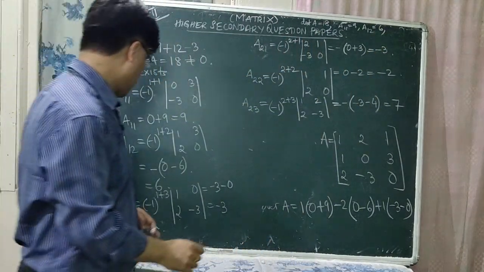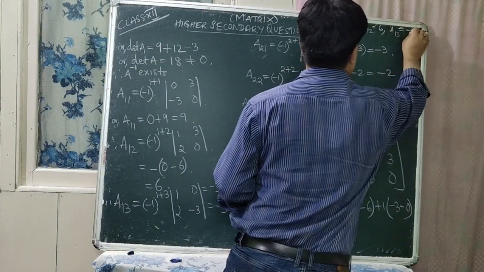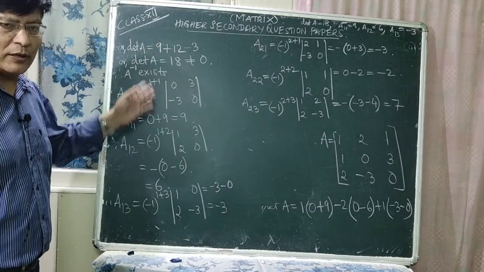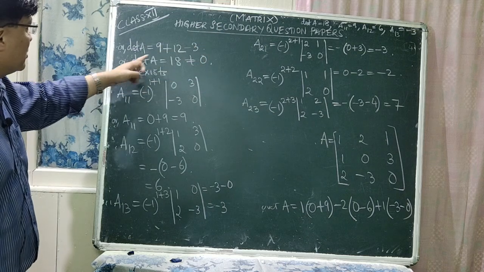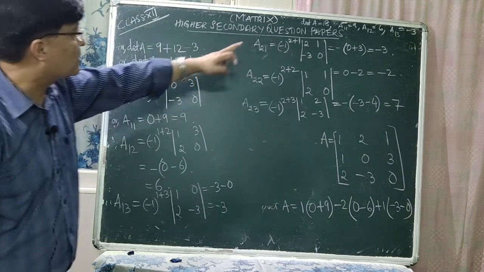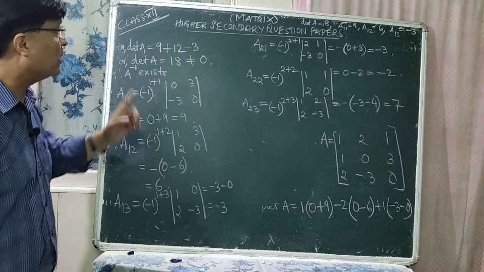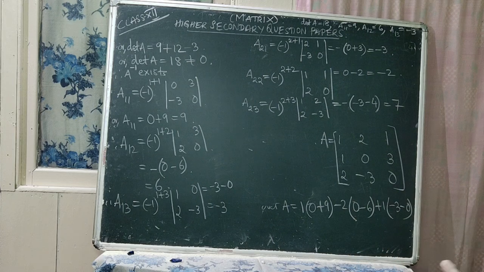And what is A13? A13 is equal to minus 3. I will rub it, that's why I'm writing it there. You don't have to write it. Okay? So delta is equal to 18. A11 is 9, A12 is 6, and A13 is minus 3. Is that clear to all of you? So you can copy it.